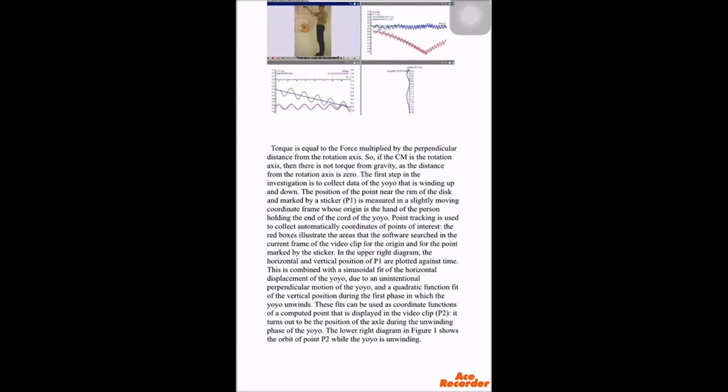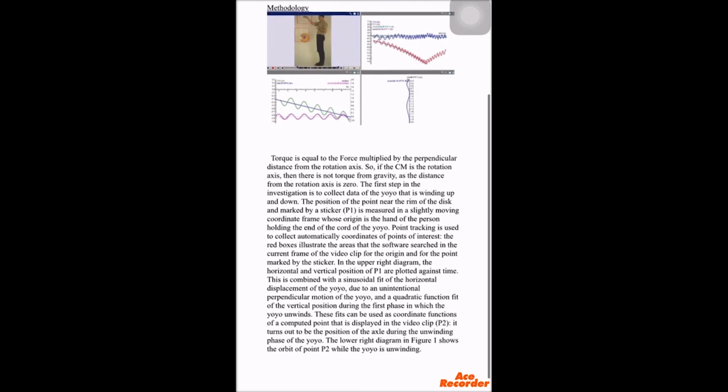This is combined with a sinusoidal fit of the horizontal displacement of the yo-yo due to an unintentional perpendicular motion of the yo-yo, and a quadratic function fit of the vertical position during the first phase in which the yo-yo unwinds. This fit can be used as a coordinate function of a computed point that is displayed in video clip part 2. It turns out to be the position of the axle during the unwinding phase of the yo-yo. The lower right diagram in figure 1 shows the orbit of point P2 while the yo-yo is unwinding.